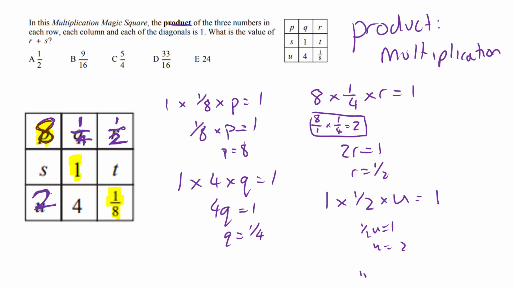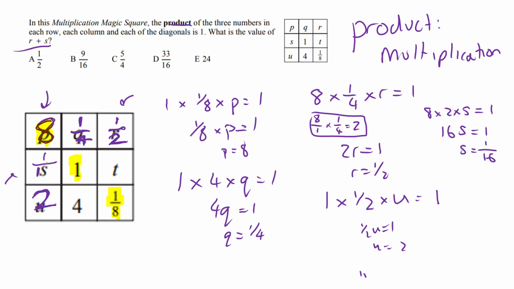We keep going. We actually only need to find r and s. We found r, let's find s. We can do that by looking at this column here. We've got that 8 times 2 times s equals 1. 16s equals 1. s equals 1 over 16, a 16th.